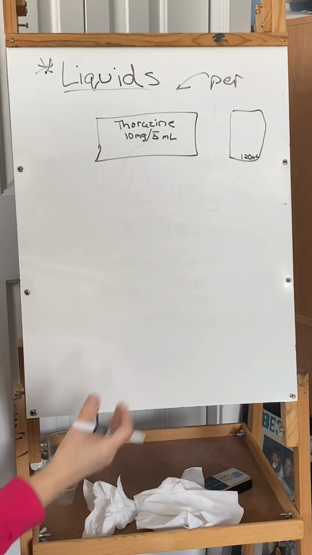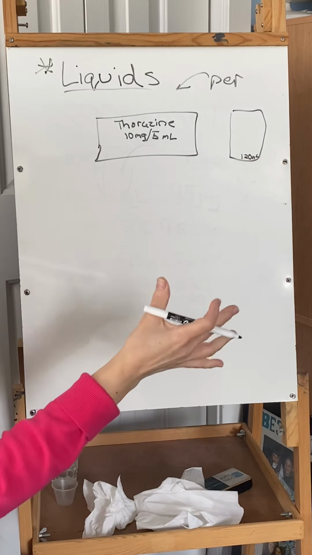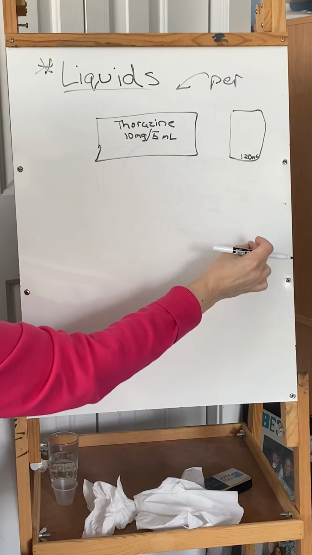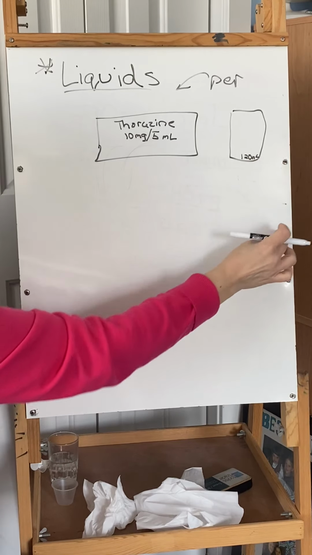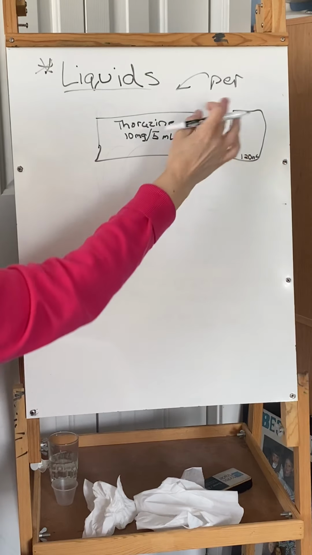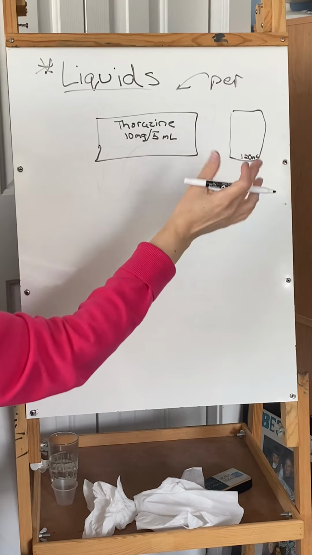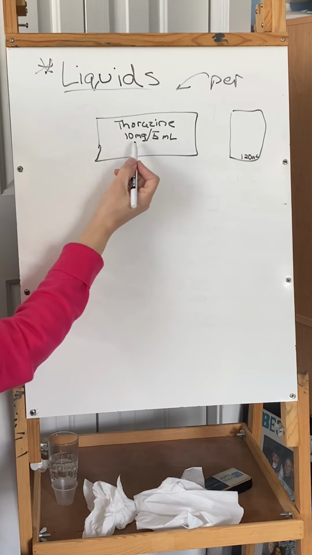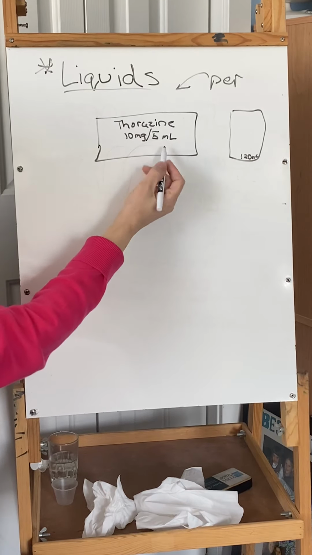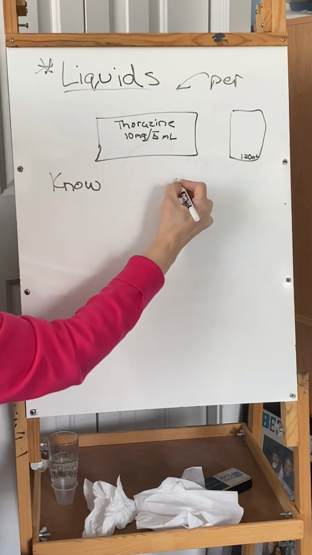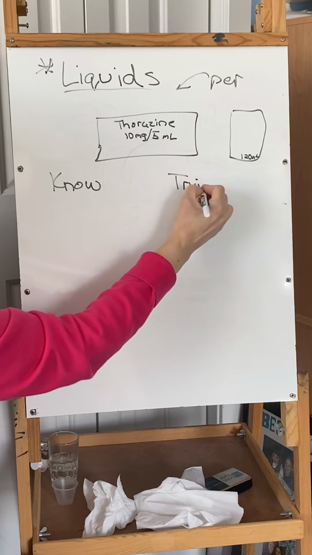Think about when you get a 2-liter bottle of Coke, and at the bottom of the bottle, it tells you the full 2 liters it contains. Same type of thing here. So the whole entire bottle has 120 milliliters inside of it. The dosage, though, is 10 milligrams per 5 ml. All right, let's go back to our know and trying to find.